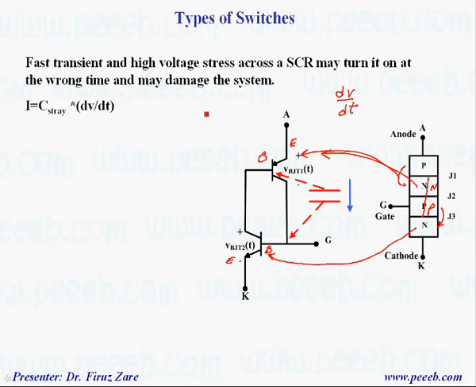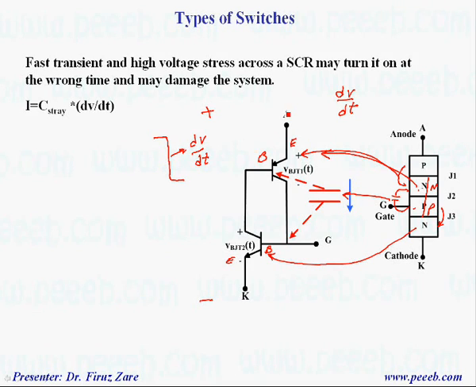So when we have positive voltage across the thyristor, and if we have significant dv/dt, which happens because of any other switching or any transient across the thyristor, because of the stray capacitance that exists between N and P, this capacitor.